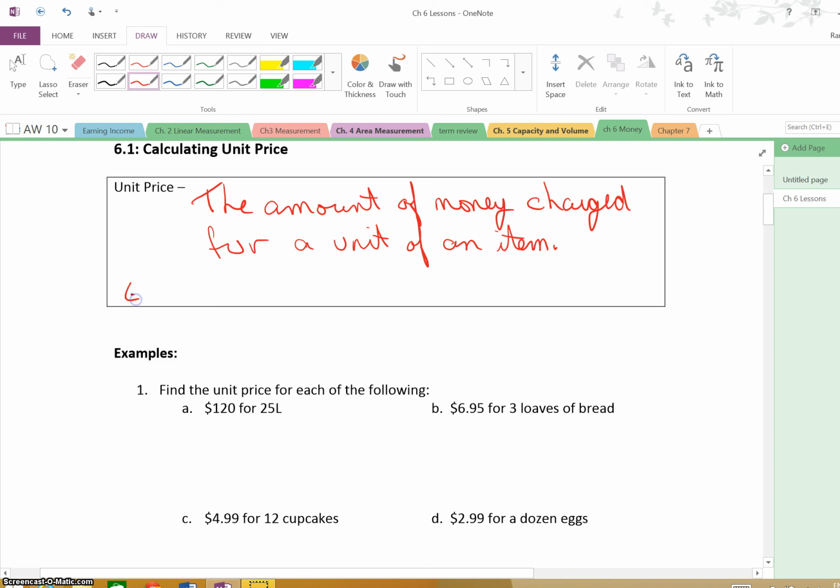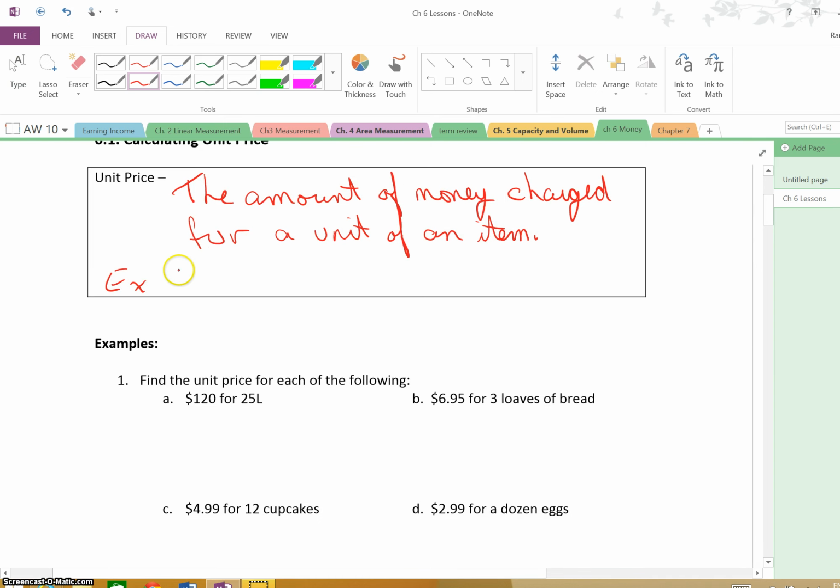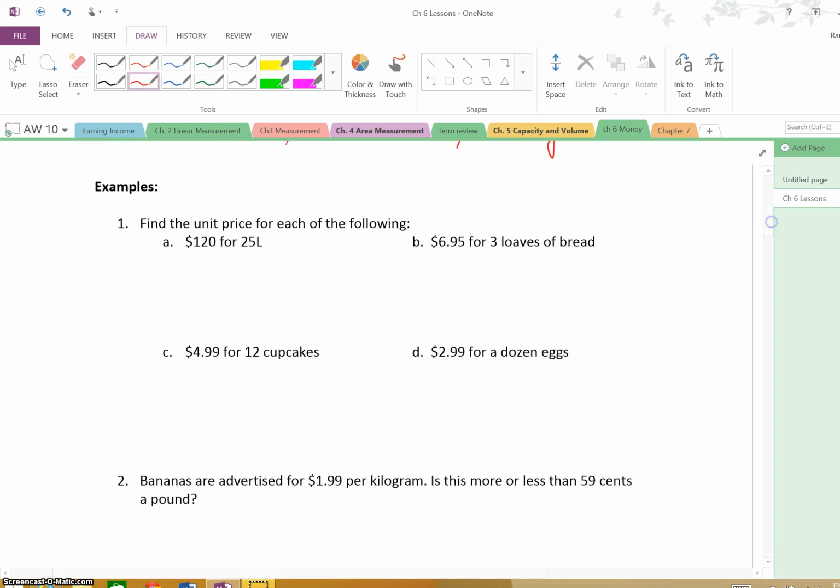For example, it might be the cost per milliliter, or the cost per dozen, or the cost per gallon. So it's all different kinds of units that we could be using, and that's what we have to pay attention to. We're going to take a look at some of these.